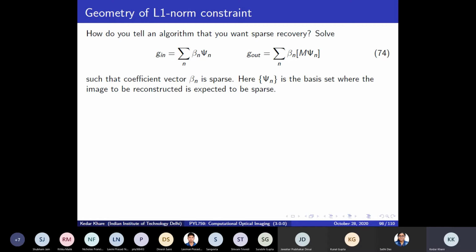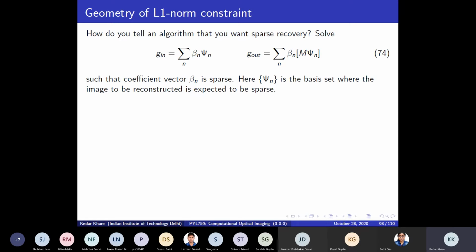For natural signals it is expected that the vector of coefficients beta n will be a sparse vector, which means the number of significant elements in the beta n vector is small compared to the total number of elements.